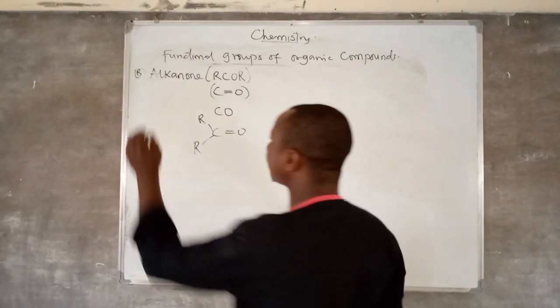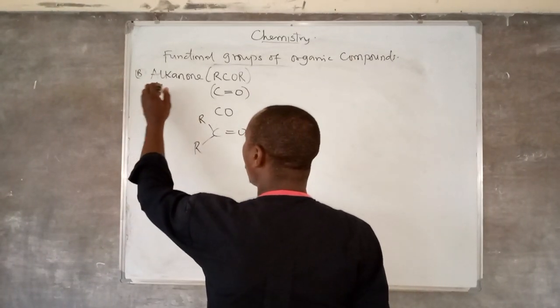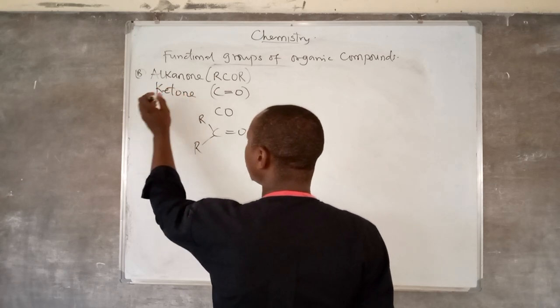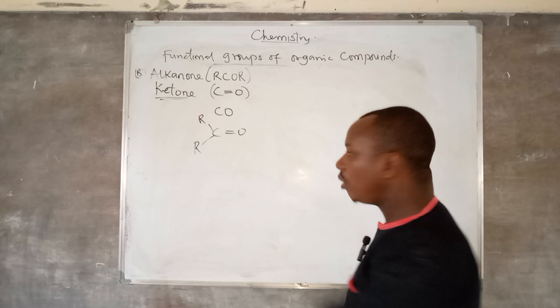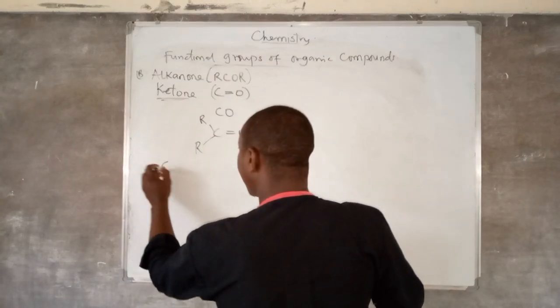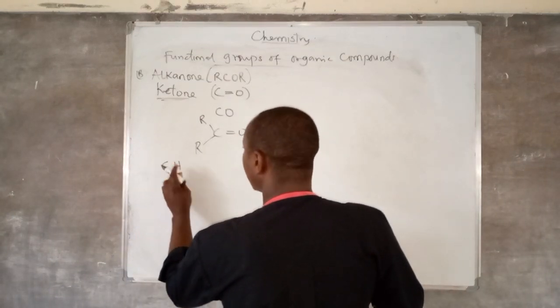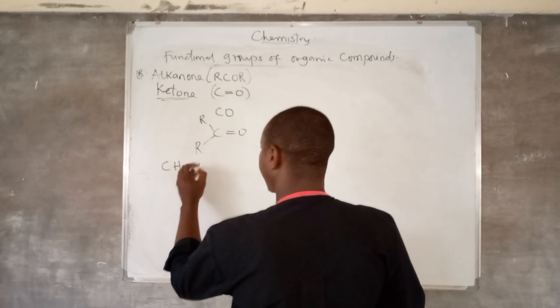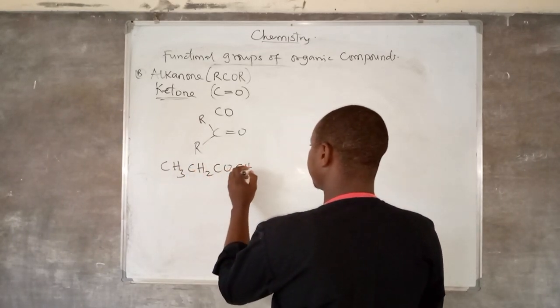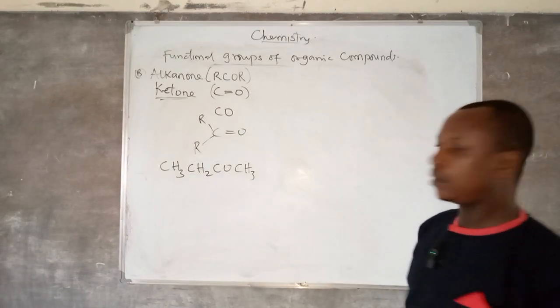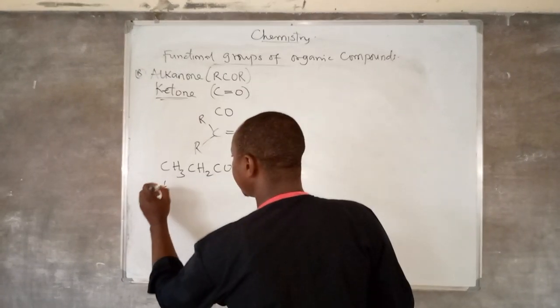Alkanone has another name. It can be called ketone. That's another name, ketone. So let me just give one example.